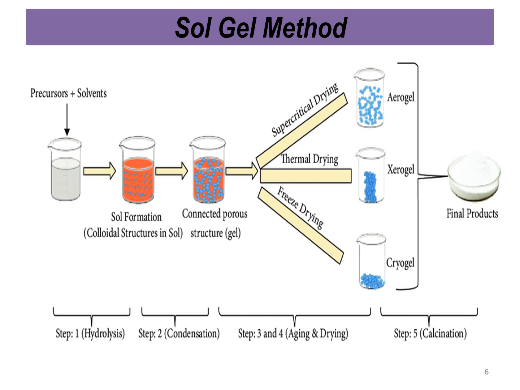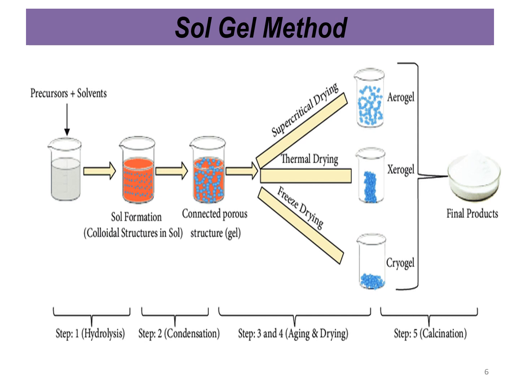If we process the gel through thermal drying, it gives us xerogel. And if we process the gel at low temperature by means of freeze drying, we obtain the cryogel.